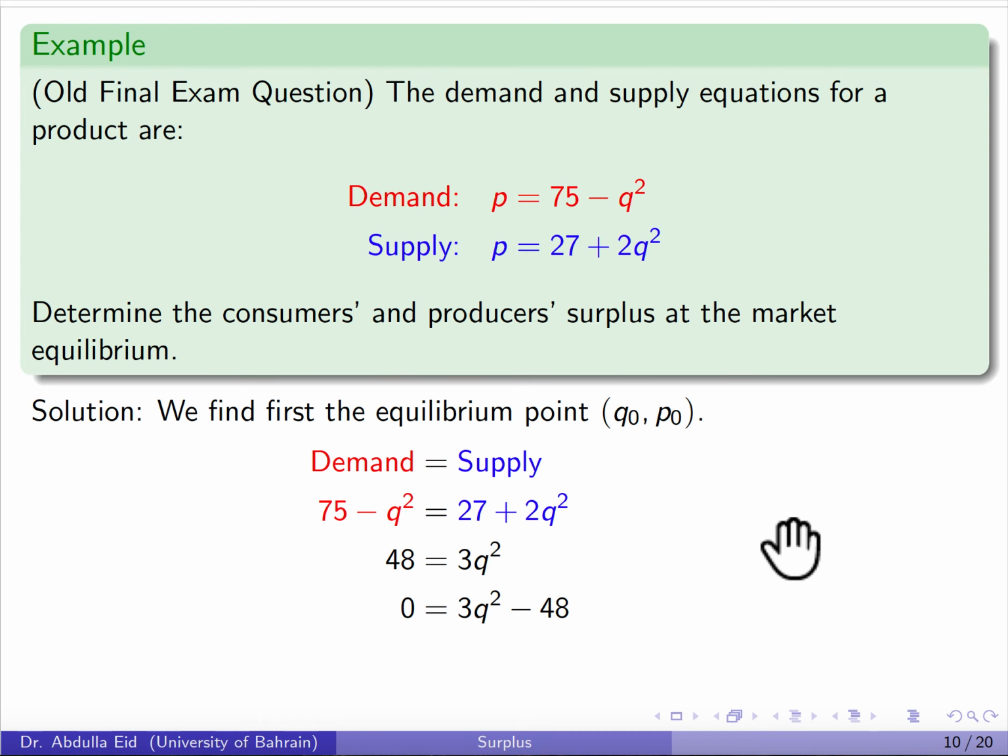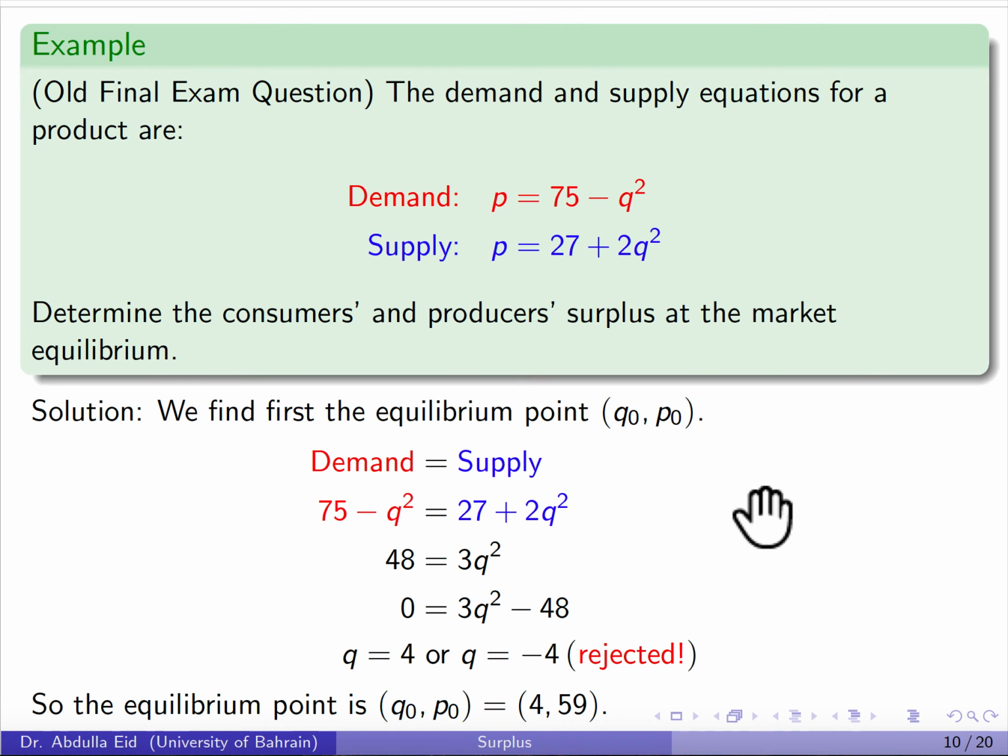You reach this quadratic equation. Solve it using mod 5 and you get two answers, one positive and the other negative. The negative is rejected because quantity cannot be negative. So the only answer is q equal to 4. Now either you substitute q equal to 4 in the demand or in the supply to find the price, which we do and we get 59.